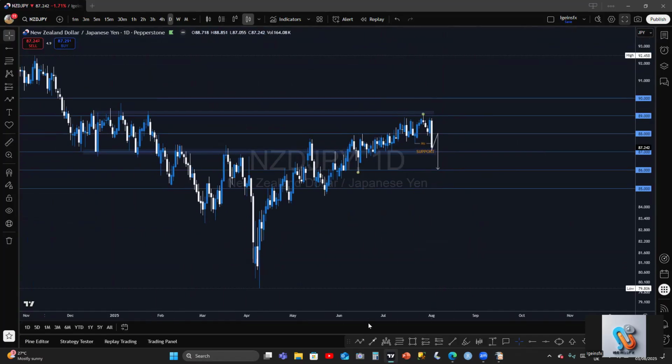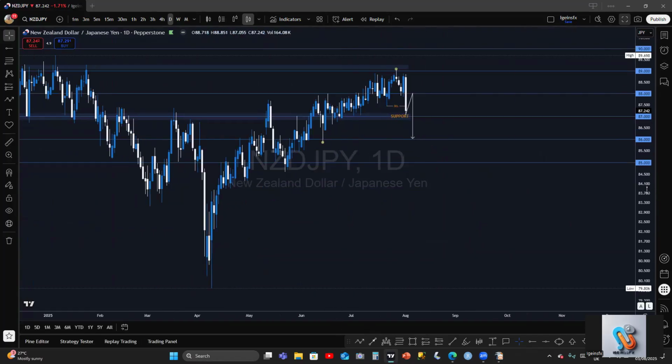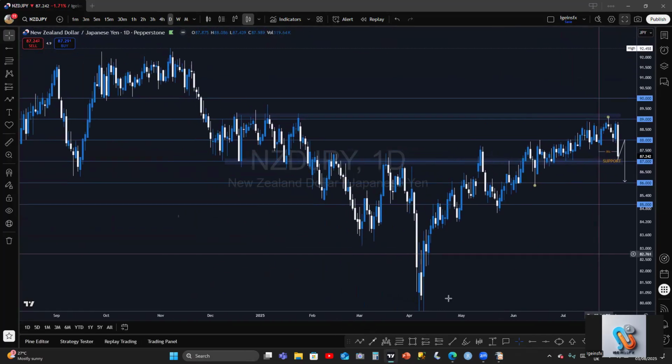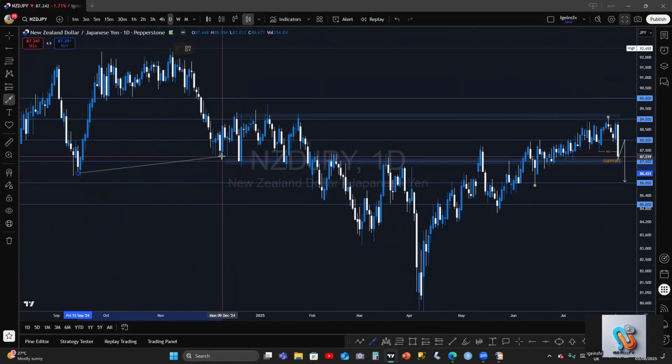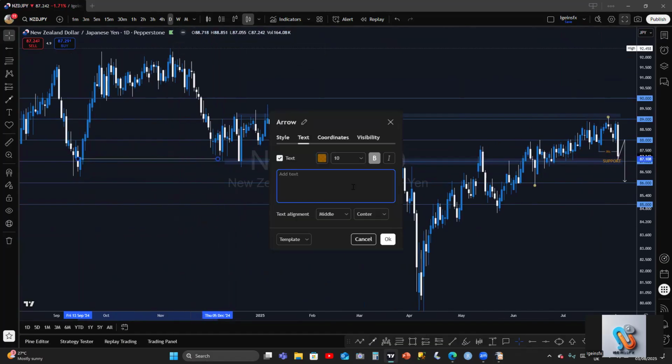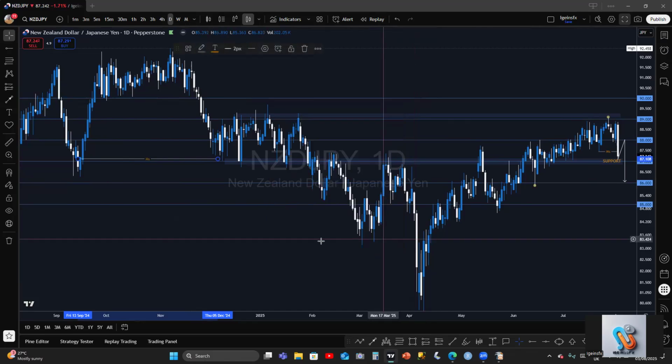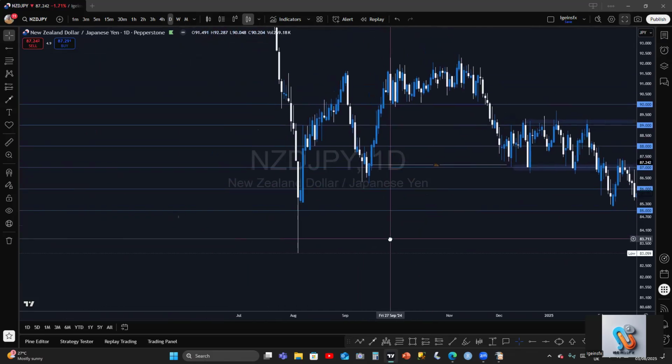From the daily point of view, you can now see that after this massive drop, a market shift happens here. There was a market shift.